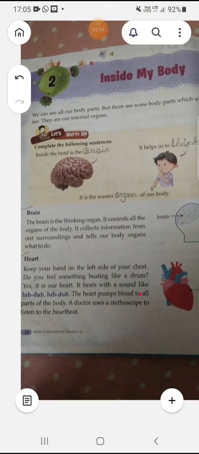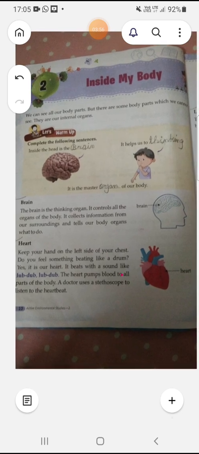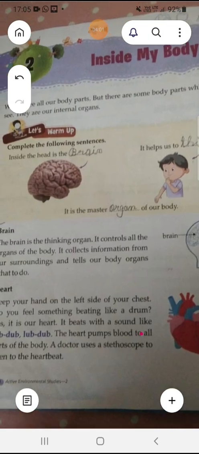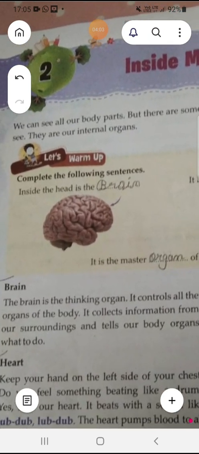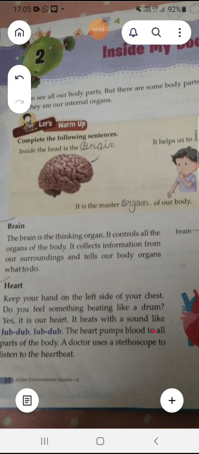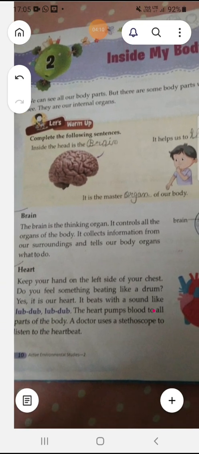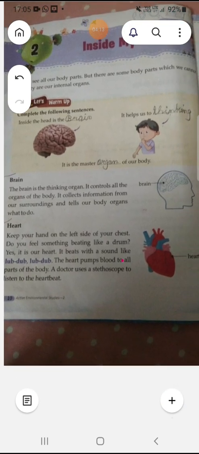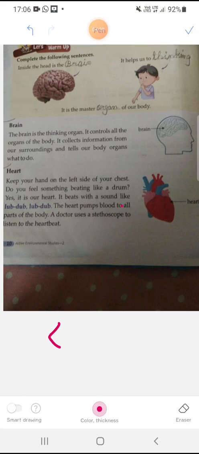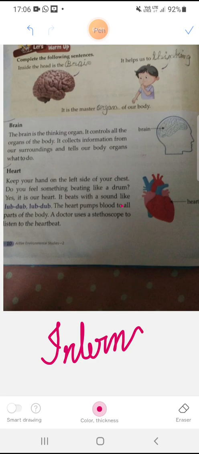Remember, internal means inside. In the previous chapter you learned what organs are. So they are our internal organs.